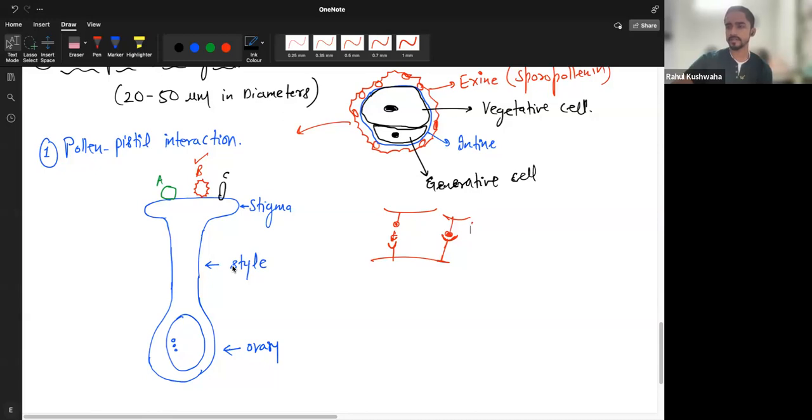In pollen pistil interaction, a chemical interaction takes place between the chemicals produced by the pollen with the receptors present on the cell membrane of stigma.